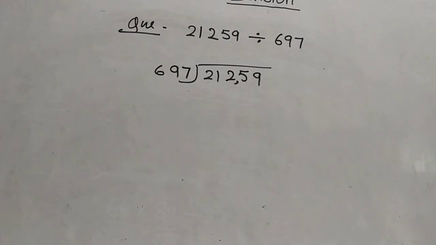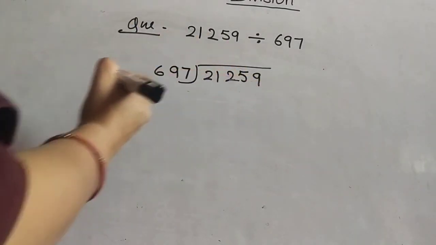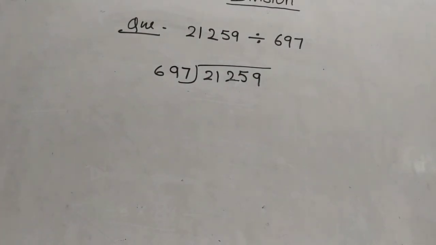But 212 is smaller than 697, so we have to consider 4 digits. Now we have 2125.